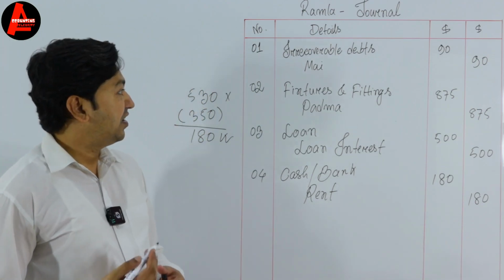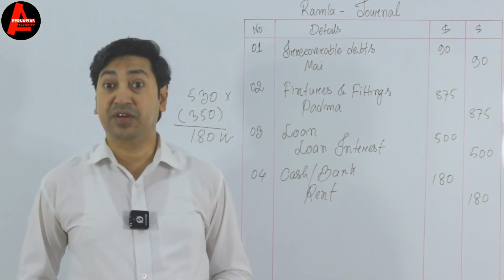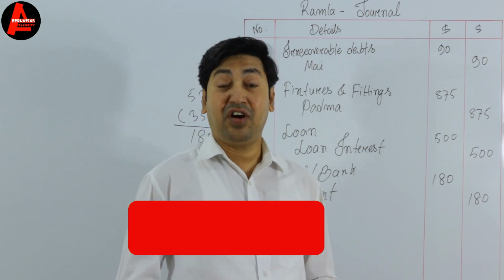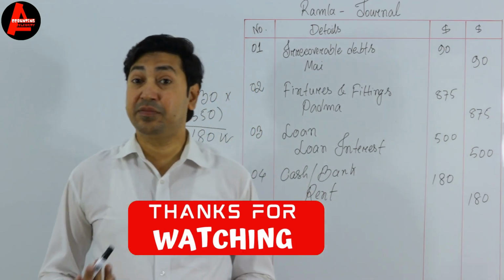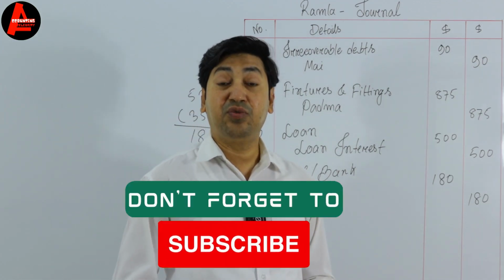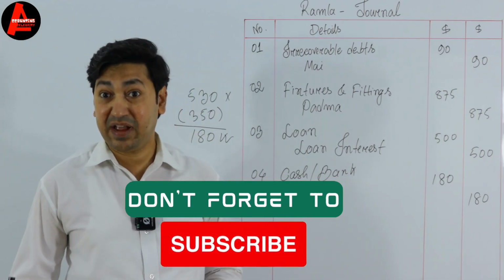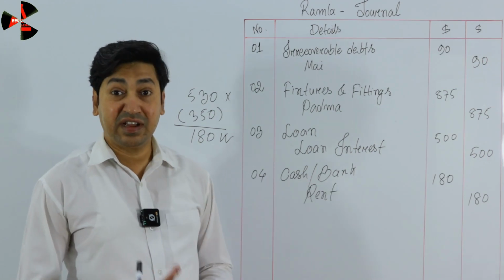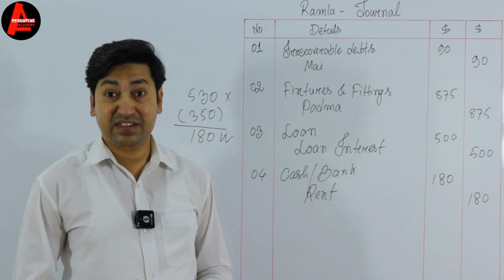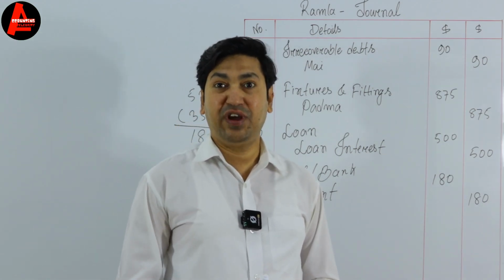So we finished. Last transaction is number 5. Drawings $120 had been debited to the wages account. What is drawings? When owner takes something from the business, we call it drawings. Owner may take money in cash, owner may take goods. If owner takes goods, we decrease the purchase. If owner takes cash, we decrease the cash or bank amount. So here owner takes $120. It is cash, but instead of writing drawings, it is debited to wages account.